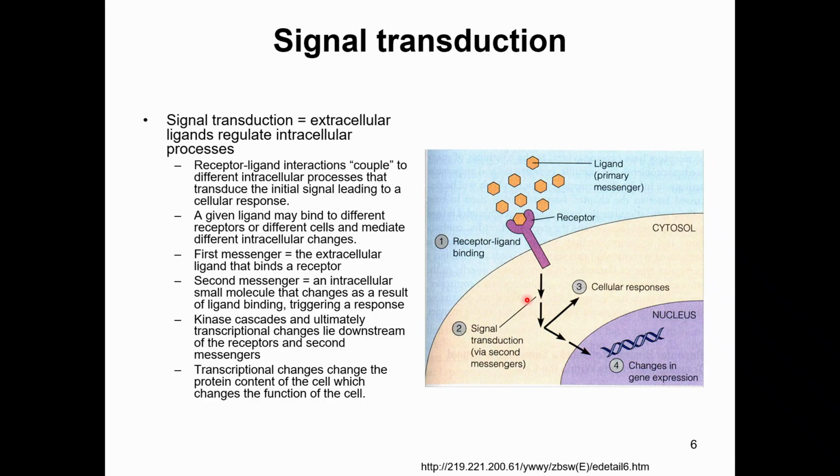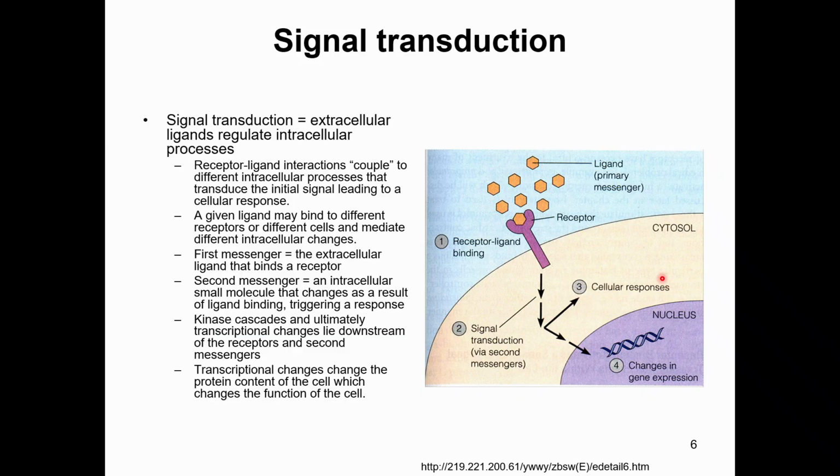So oftentimes you'll have the second messenger causing phosphorylation of a target protein, which is itself a kinase, and that first kinase will then phosphorylate and activate a second kinase, and that kinase will phosphorylate and activate a third kinase, or something like that. But then ultimately, that causes one of two things to occur.